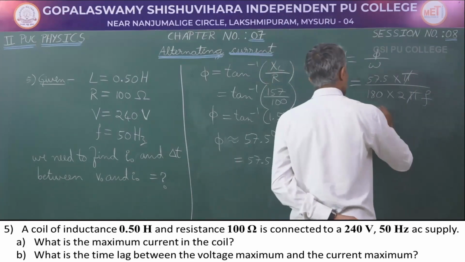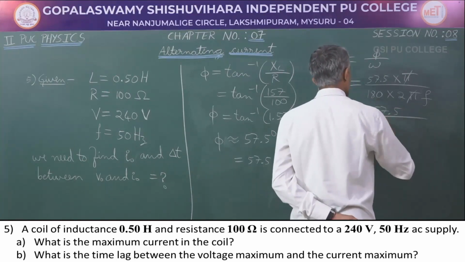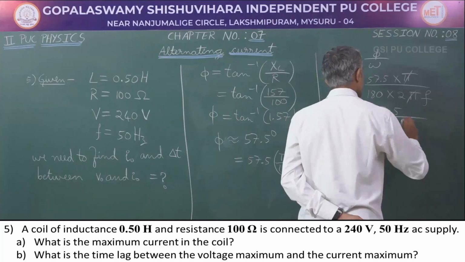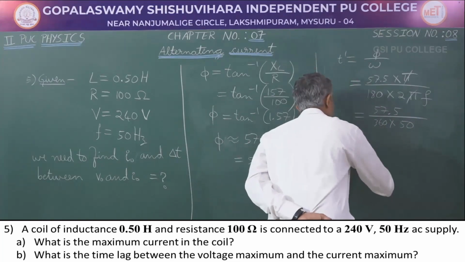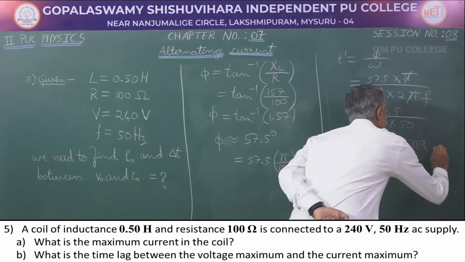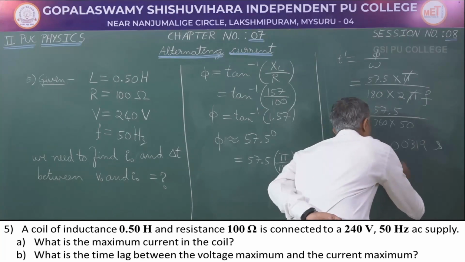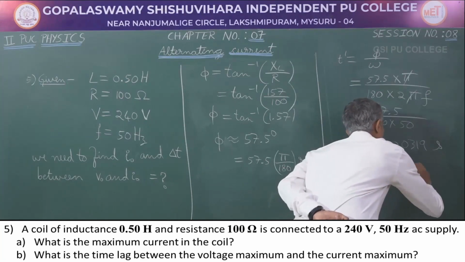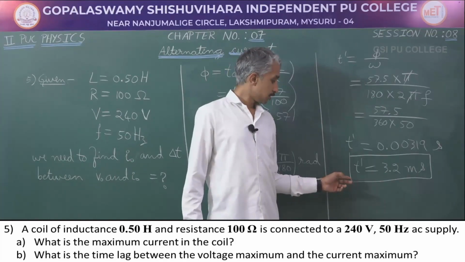We will get this as 57.5 over 180 into 2, which is 360. Frequency is 50 hertz. So the answer is going to be 0.00319 seconds, which is very nearly equal to 3.2 milliseconds. We have completed the numerical.